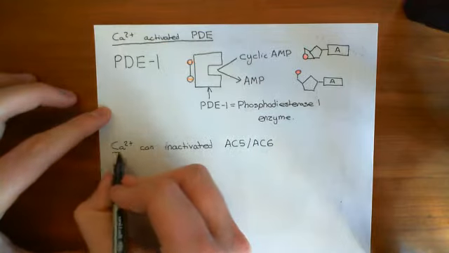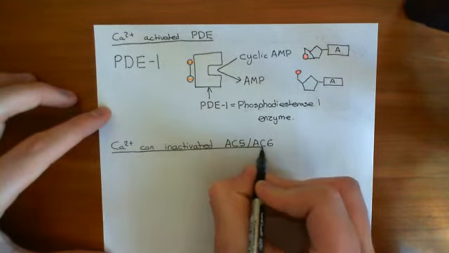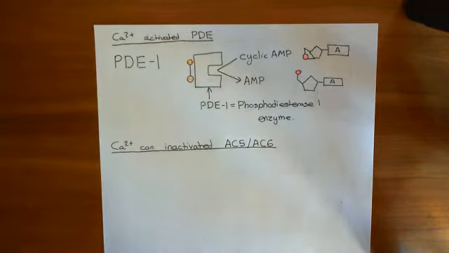So both of these types of adenylyl cyclases are inactivated by calcium going up. Okay, so if calcium goes up in the cytoplasm, what it's going to do is inhibit these adenylyl cyclase 5s or adenylyl cyclase 6.